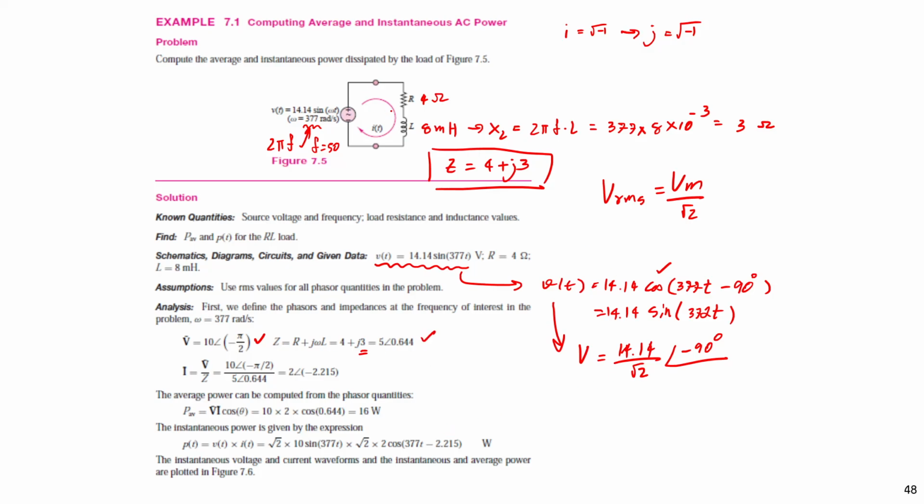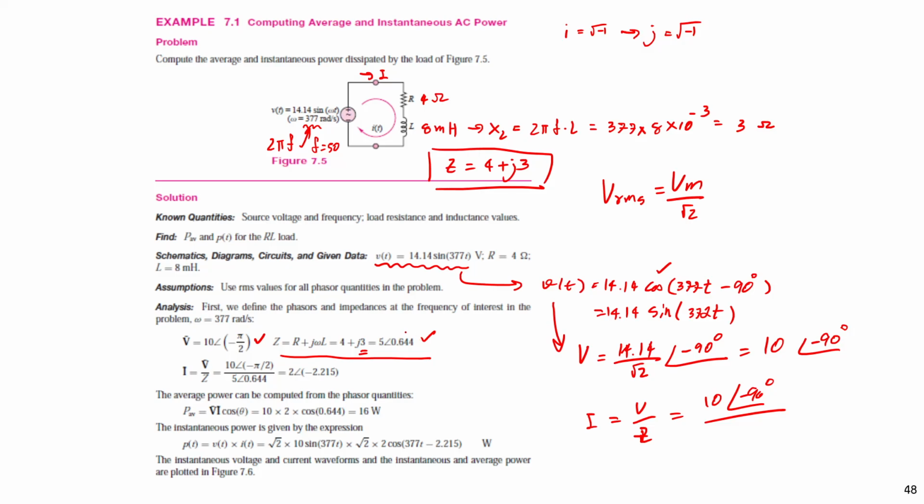Then we can calculate the current in terms of phasor. The current would be V divided by Z. So this is 10 with the angle of minus 90 degrees, divided by the impedance.